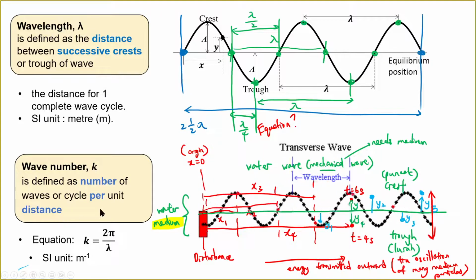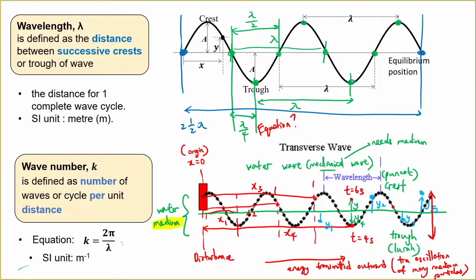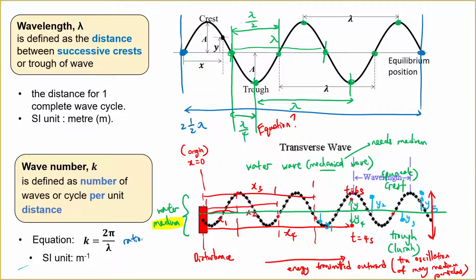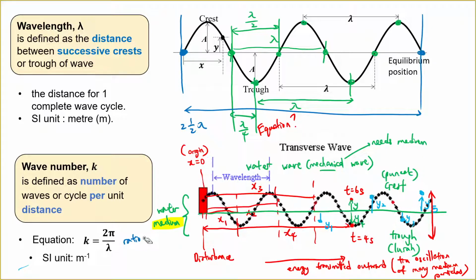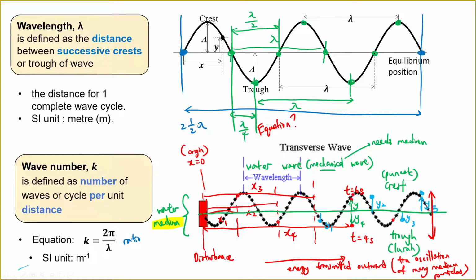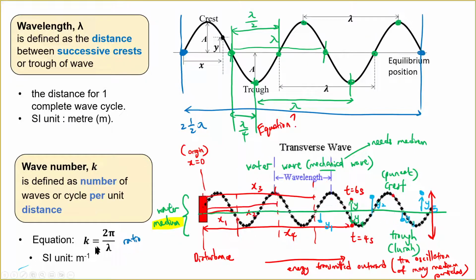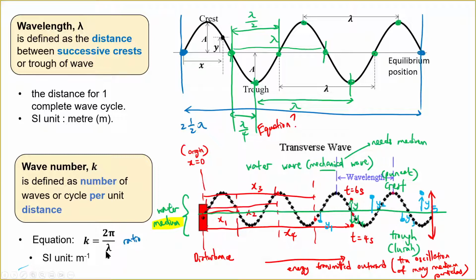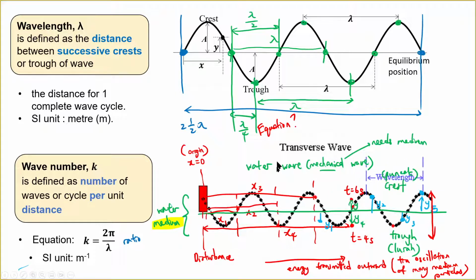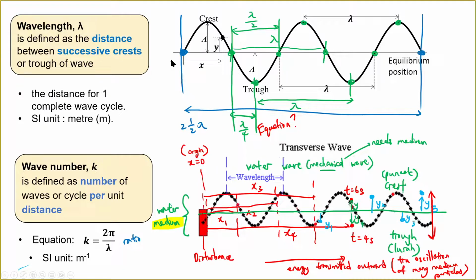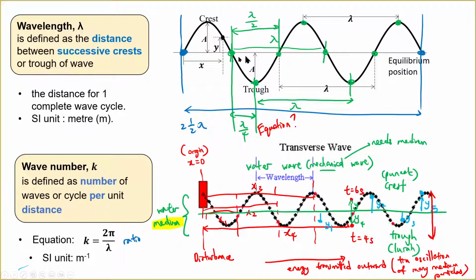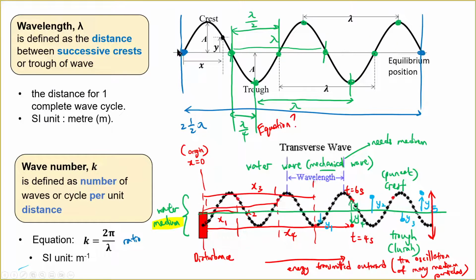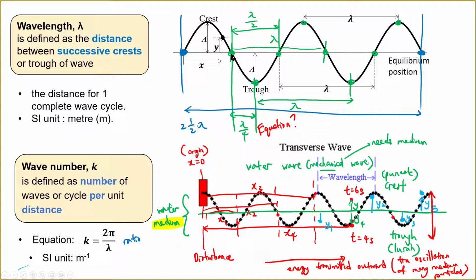Wave number is just a ratio, the number of cycles per unit distance. Later I will explain to you. So just a ratio. If you look from here to here, this is 2 pi, right? From here to here is 180 degrees, right?